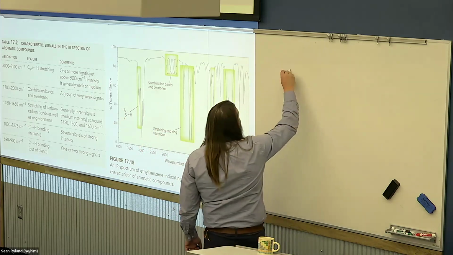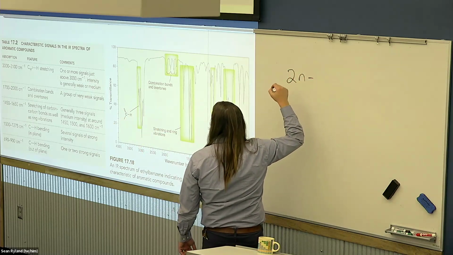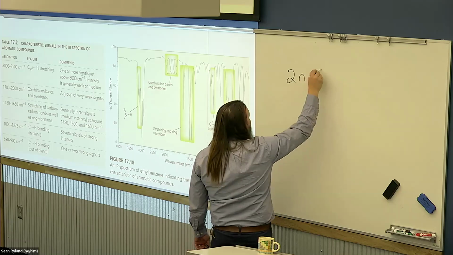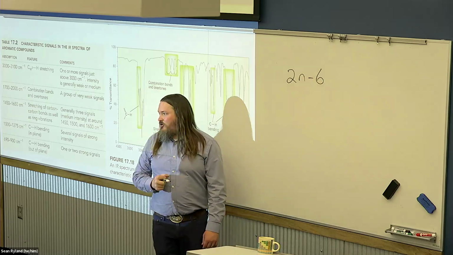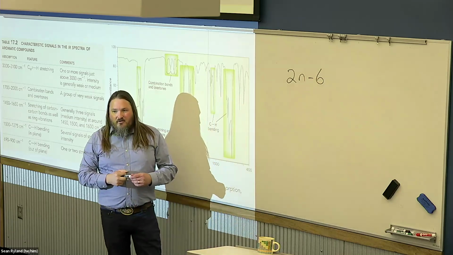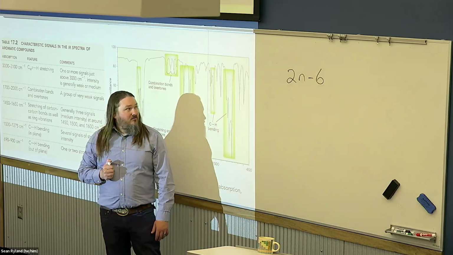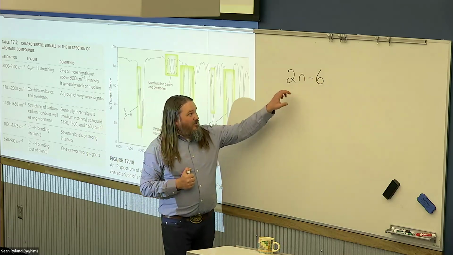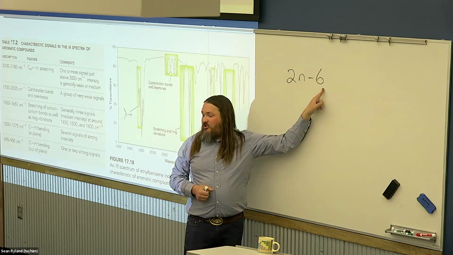If it's not a symmetrical molecule, it's 2n minus 6 distinct vibrations, where n is the number of nuclei. So you can see where if we have 15 atoms, we wind up with 30 minus 6, we wind up with 15 distinct vibrations that can happen.